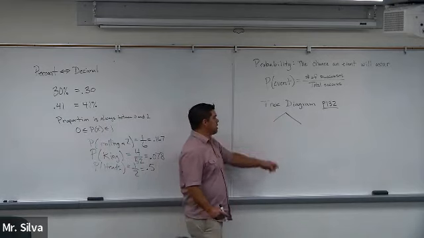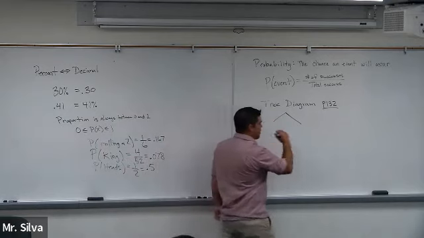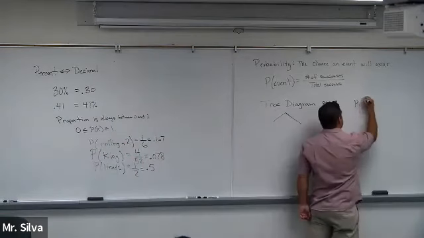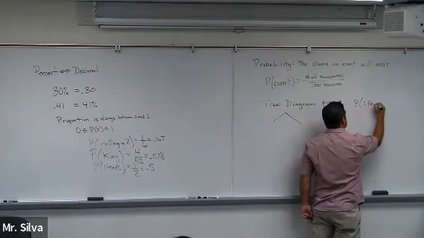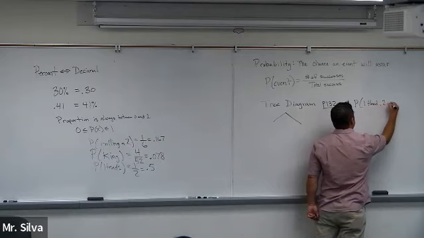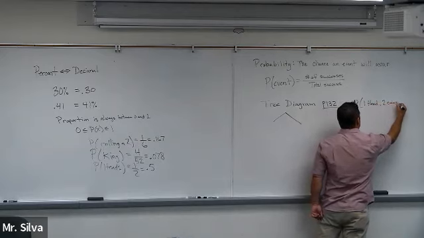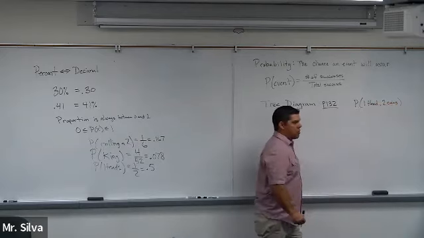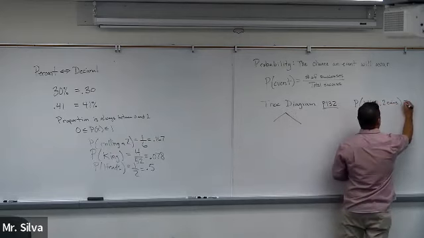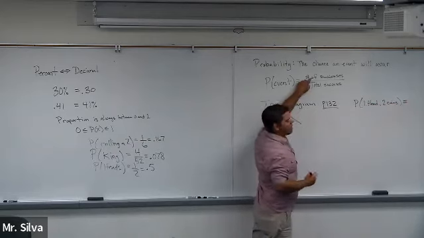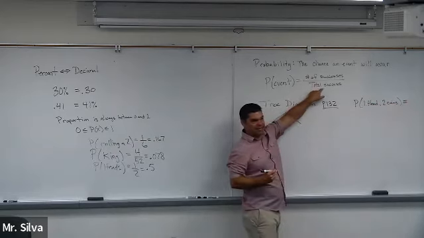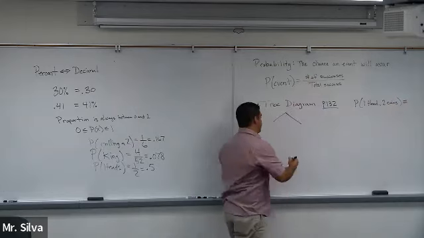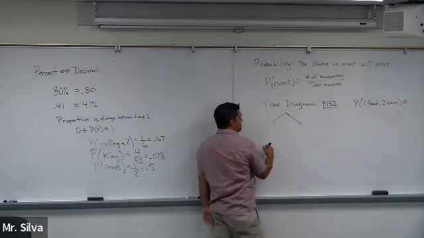So find the probability. My question here is find the probability of getting 1 heads with 2 coins. Well, how am I going to do that? I need to count how many successes there are and divide by the total number of outcomes. So this branch right here represents 1 toss.